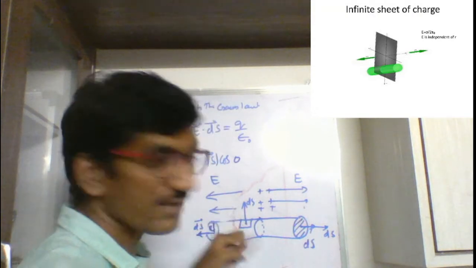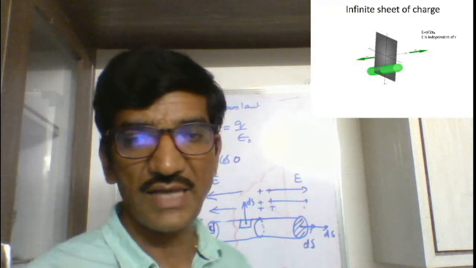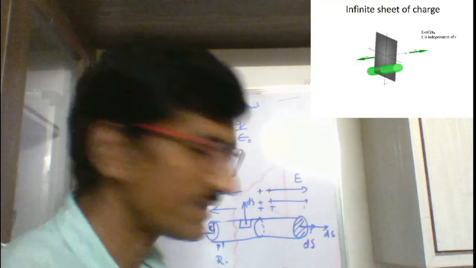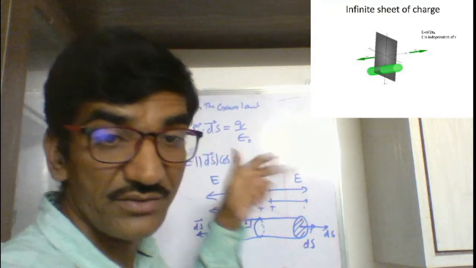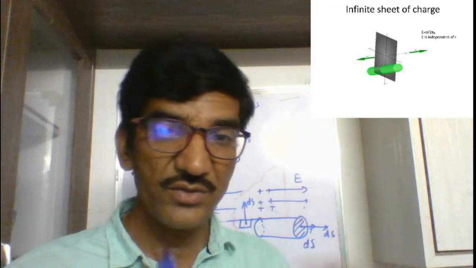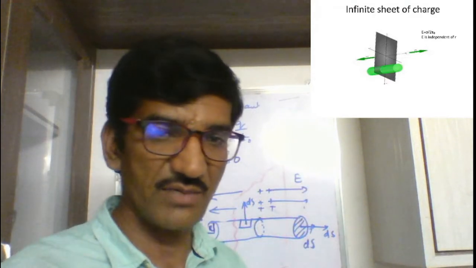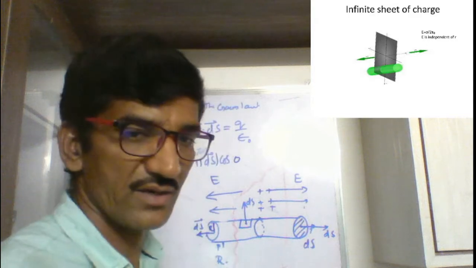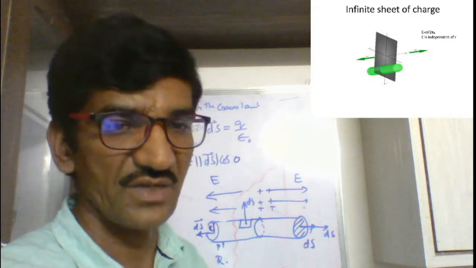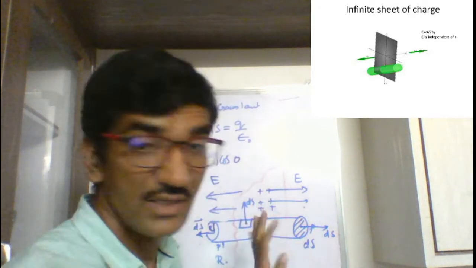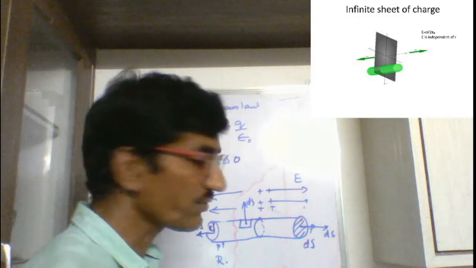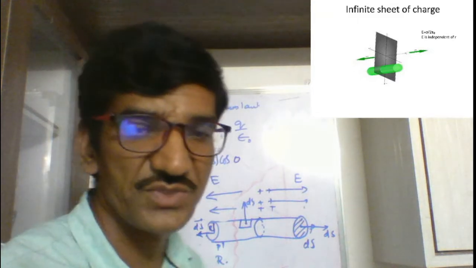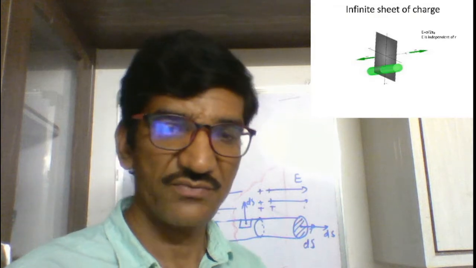For this surface, one integral. For this lateral surface, one integral. So you are splitting this integral into 3 parts. Why? Because you have to go through all the surfaces, then only it becomes a closed surface. You cannot apply Gauss law for an open surface. That's why you cannot ignore this. You have to consider all the surfaces which make the surface closed.